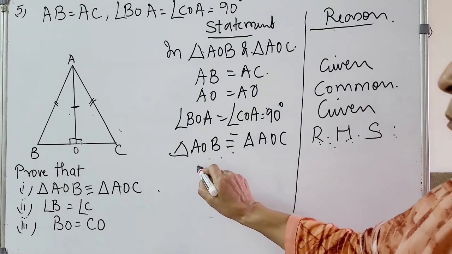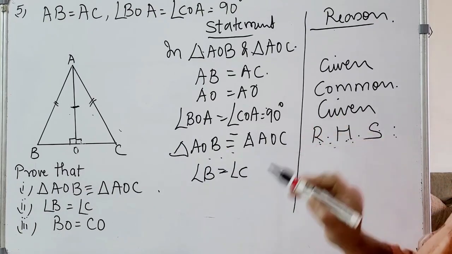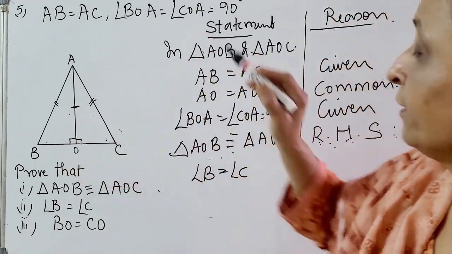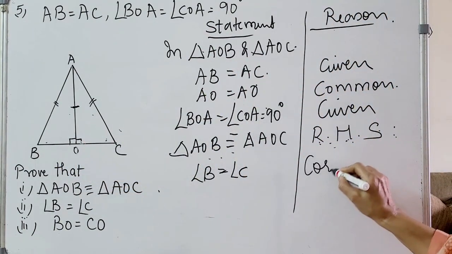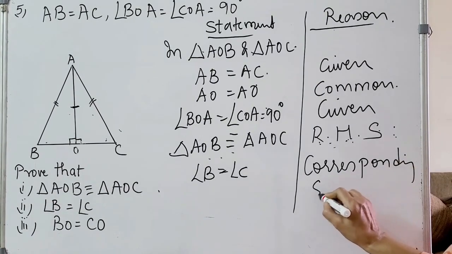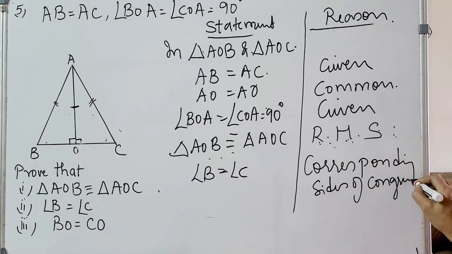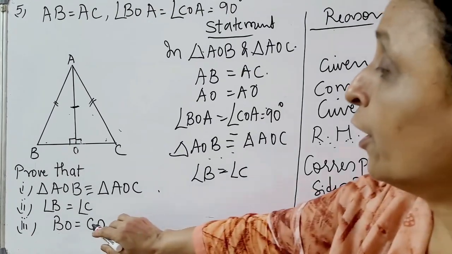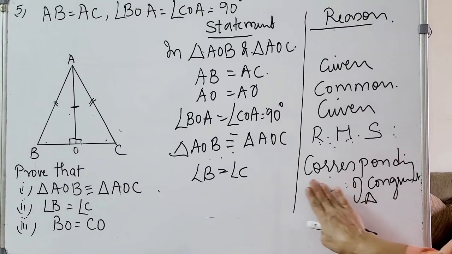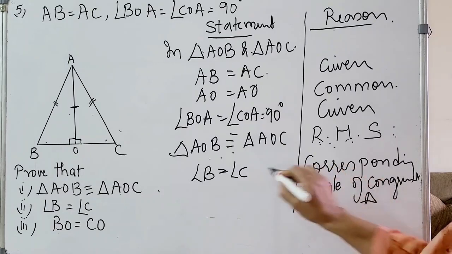Now what you have to prove is angle B is equal to angle C. They are the corresponding angles of congruent triangles. So they are equal because they are corresponding angles of congruent triangles.